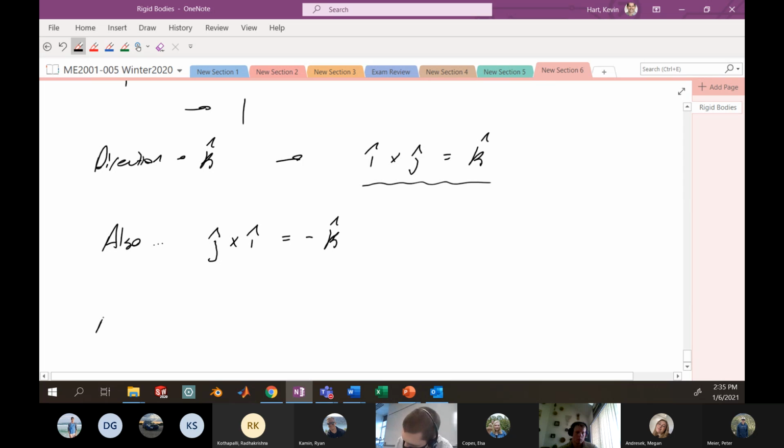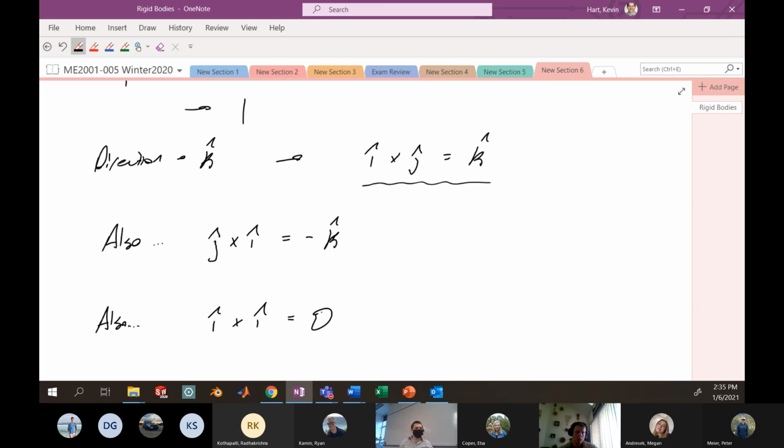Let's also consider the example of I cross I. What's your idea here? 0. Because the sine of the angle between I and I is 0.